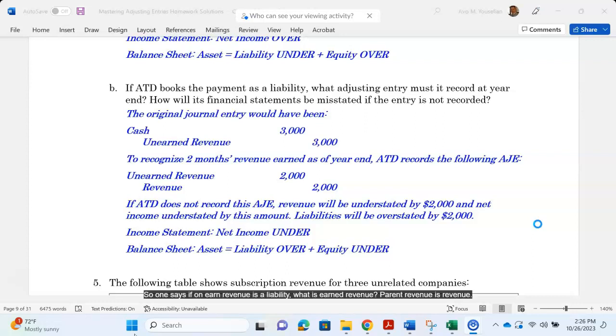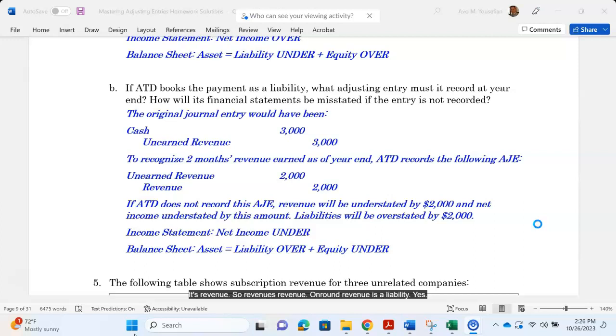Someone says, if unearned revenue is a liability, what is earned revenue? Earned revenue is revenue, as you speak. That's why I like accounting. It's simple English. It says earned revenue or sales revenue or internet revenue or retail revenue or construction revenue. It's revenue. So revenue is revenue.